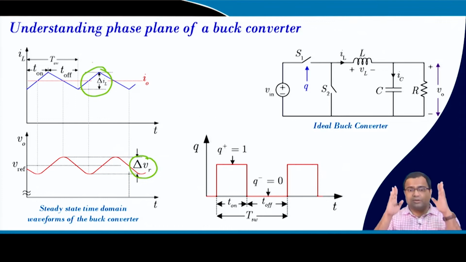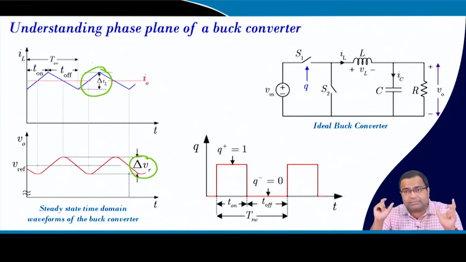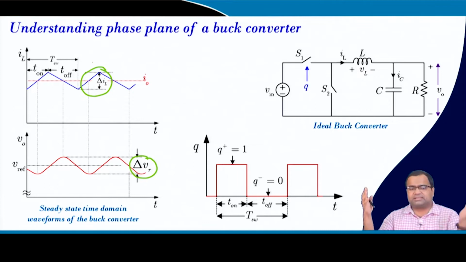That is our steady state requirement, which is important to ensure that my EMI or my power spectrum is set at certain discrete frequencies, so that I can design the input filter properly. Similarly, the ripple should be within the specified limit, because that will decide the power stage design, the capacitor design, inductor design, and so on.